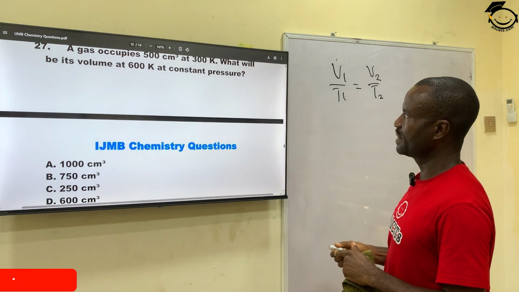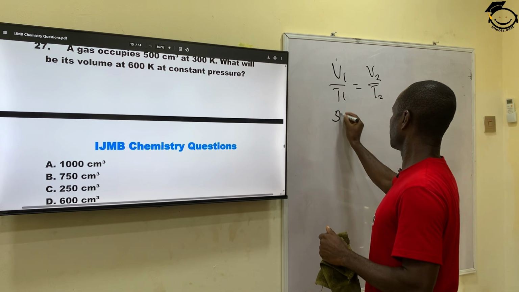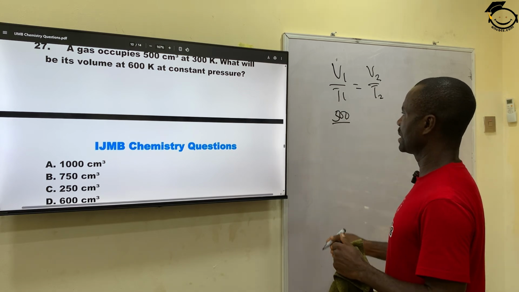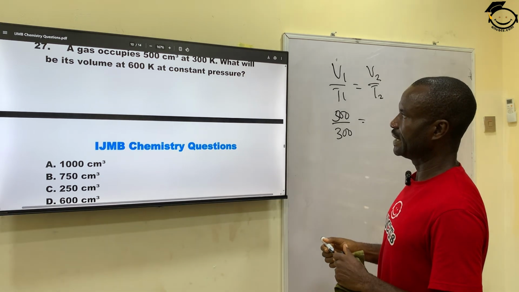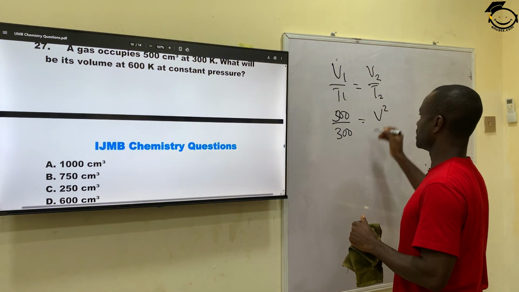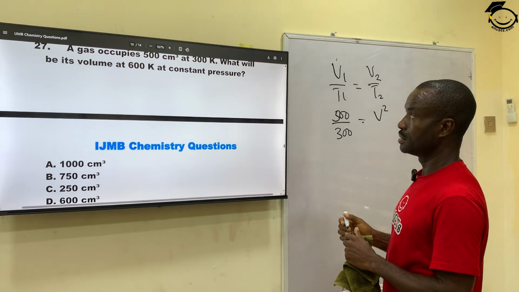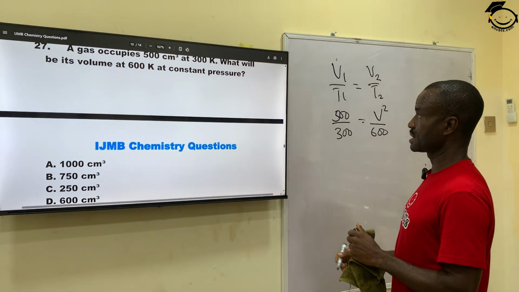So we've been given the initial volume to be 500, which is V1. The initial temperature 300, then the final temperature 600 at constant pressure, and we are to calculate V2, the final volume.